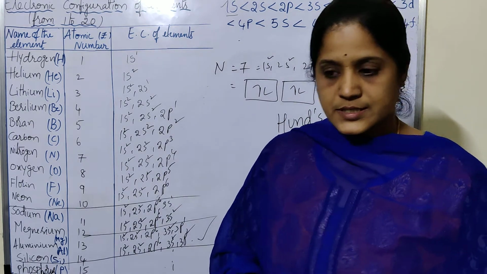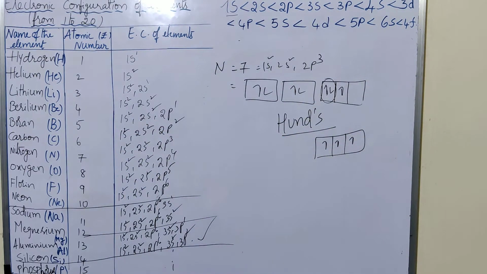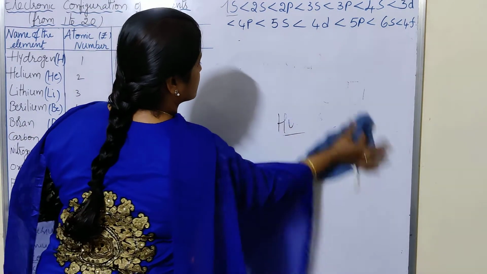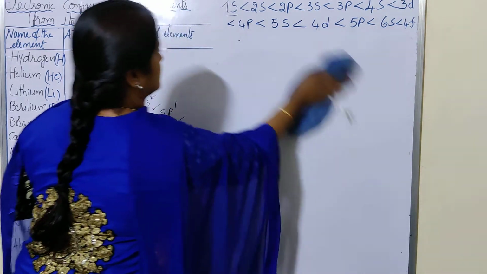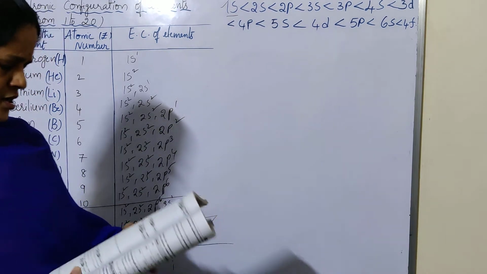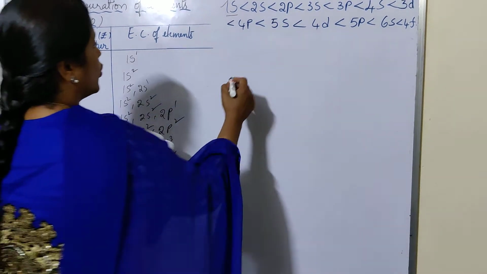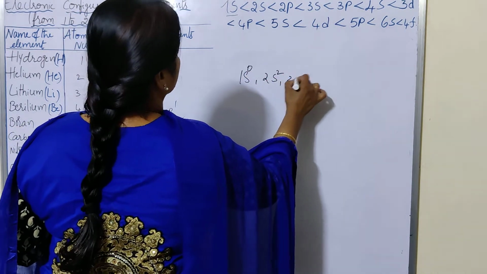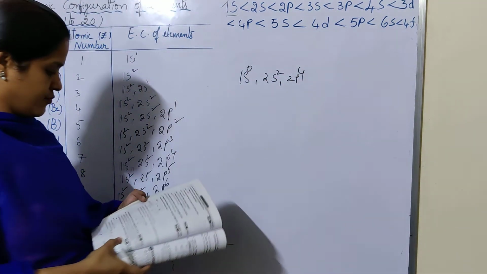Last one more question is there. Which rule is violated in the electronic configuration of 1s0, 2s2 and 2p4?